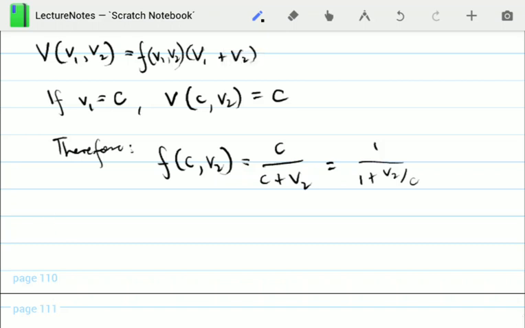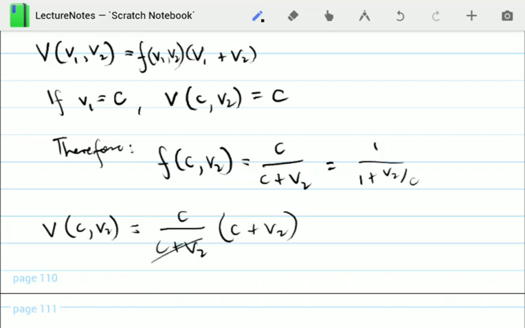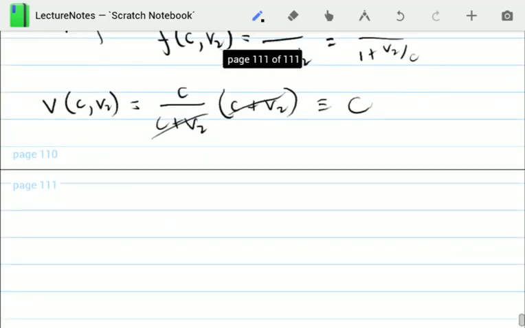Because if we have that form for our f, then v of c, v2 will be given by c over c plus v2 multiplied by v1 plus v2, but v1 is c, so it is c plus v2. This will cancel, and indeed it is equal to c. Okay, so in the limiting case that v1 is equal to the speed of light, this f has a functional form 1 over 1 plus v2 over c.